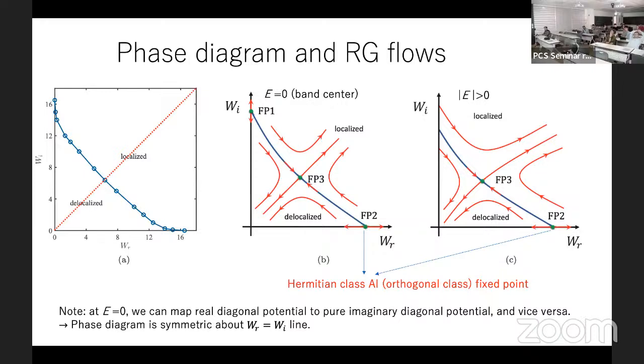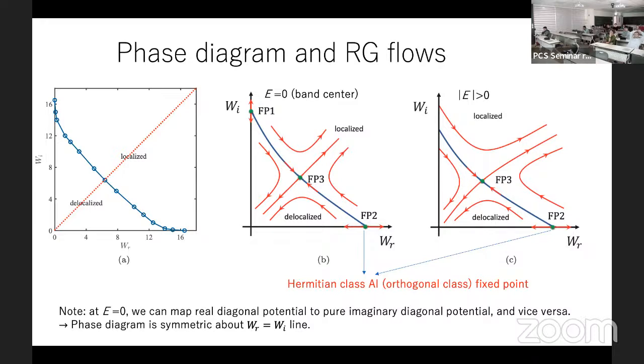So the critical behavior or the localization length becomes the same if we interchange WR and WI. Just at the band center, we can prove that the localization lengths are the same if we interchange WR and WI.